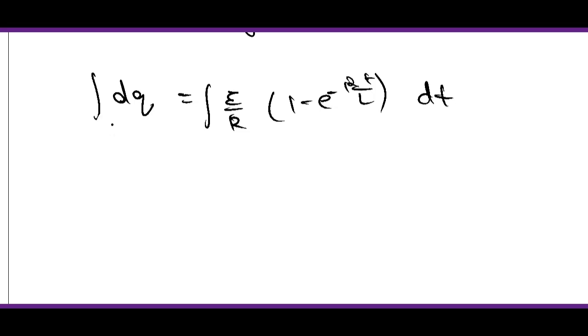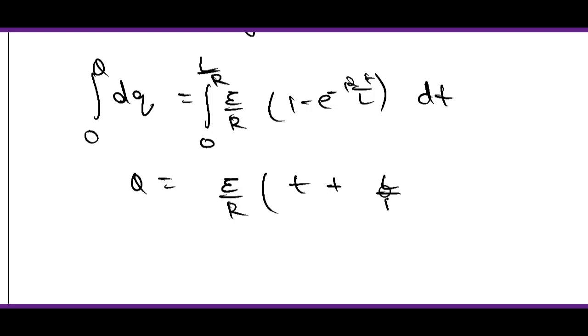We put the limits for q as 0 to q, the charge that has flown, and for time, as given in the question, 0 to L by R. After integration, q equals E by R times t plus L by R e to the power minus Rt by L. So we put the limits here from 0 to L by R.